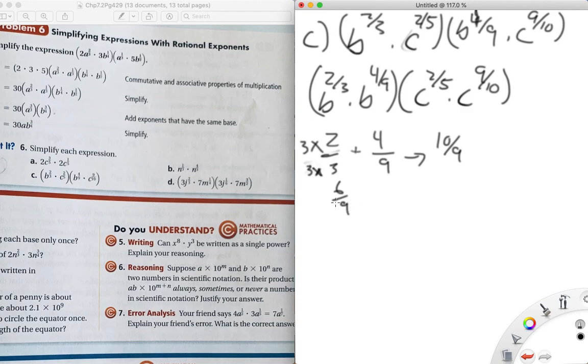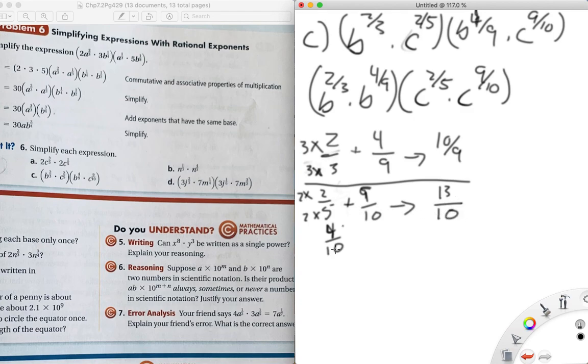And I'm going to do the same thing for the C's. I got 2 fifths plus 9 tenths. Here I'll multiply top and bottom by 2. 2 times 2 is 4. 4 times 5 is 10. So 4 plus 9 is 13.